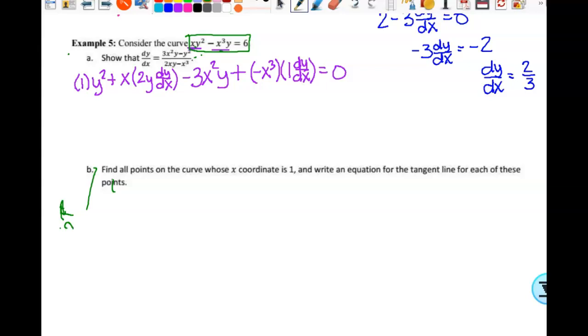All right, so now what we need to do, because we're not evaluating it at a number or at a point, is we are going to solve for dy dx. So we can keep the dy dx terms on the left and move everything else over to the right. So the two terms of dy dx are this one and this one. And then I'm going to move the other ones over to the right.